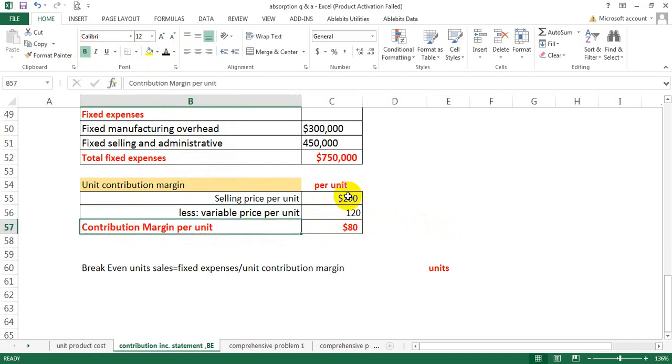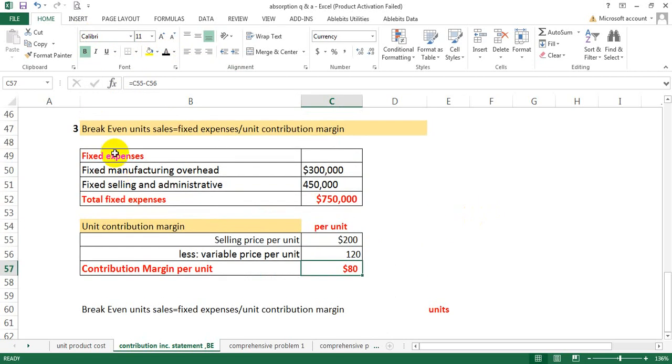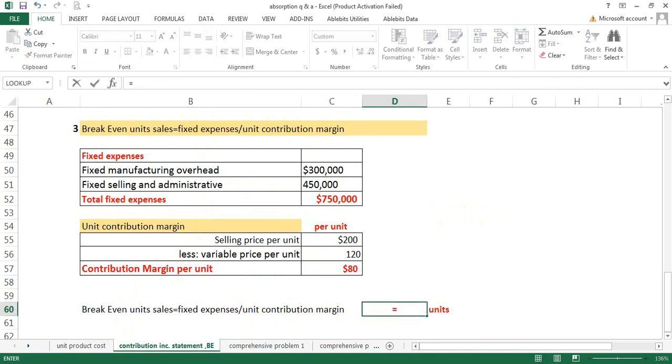Contribution per unit is selling price minus variable cost. Now we have calculated these two values which are required for this formula, right? So to calculate break-even unit sales, equal to fixed expense divided by unit contribution margin, we will do it. My fixed expense is 7,50,000 and my contribution margin is 80. So what are my units? 9,375.